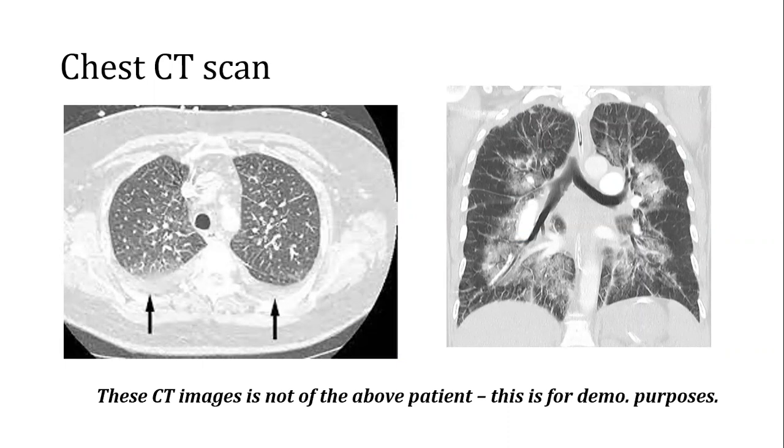These are here for demonstration purposes, just to demonstrate the ground glass appearance on the image on the left, and some small effusion. The image on the right shows some bit of parahilar consolidations in the pulmonary edema. I reiterate, these images are for demonstration purposes. They are not for this patient, as we were unable to get the CT images for this particular patient.